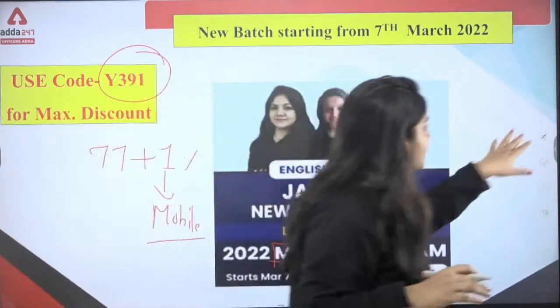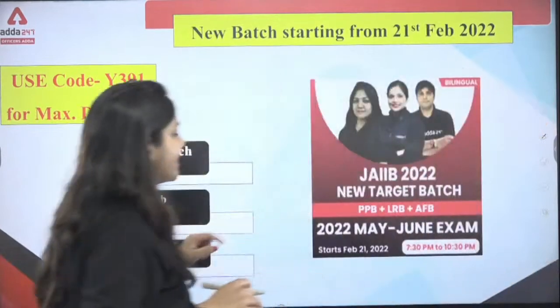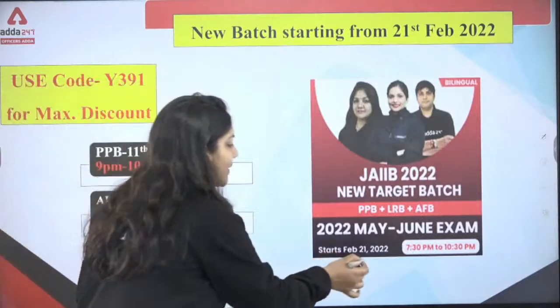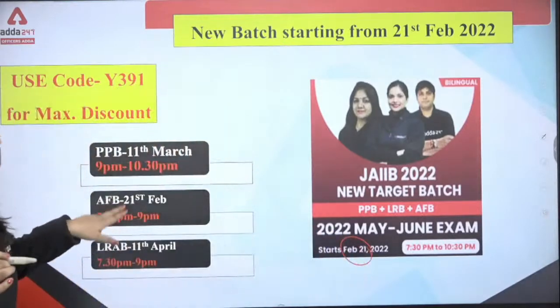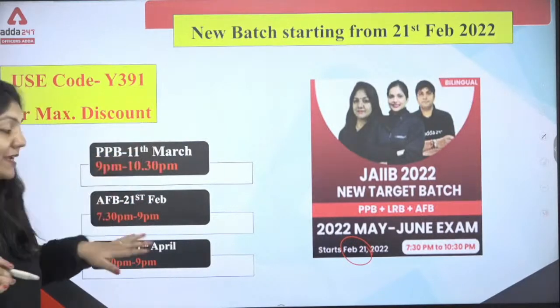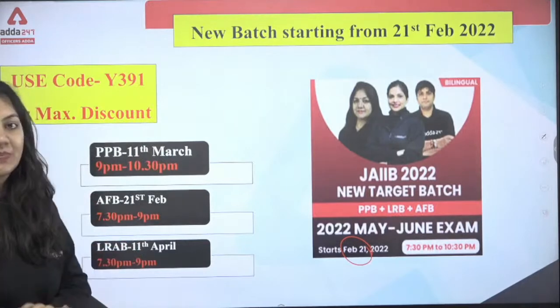Now, this is also a bilingual batch, which is going to start from 21 February. AFB will start on 21 February, then in March PPB will start, and in April LRAB will start.